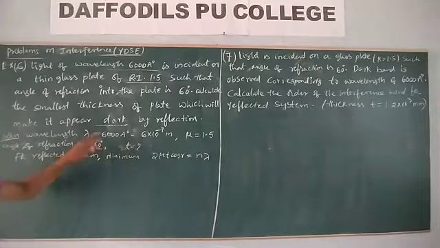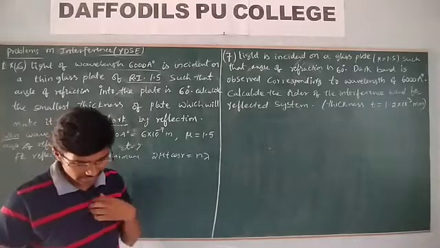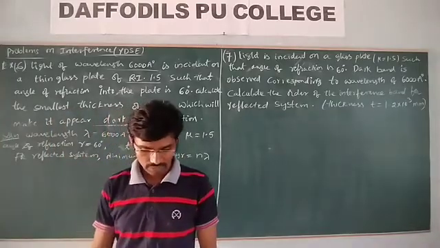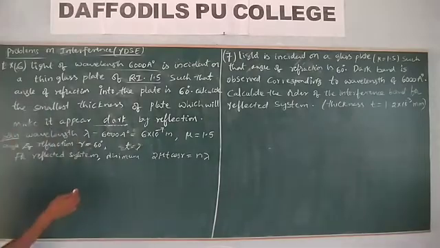Now for the minimum, what is given? Calculate the smallest thickness of the plate which will make it appear dark. So what do you take here for the n value? The smallest means n is equal to what again?